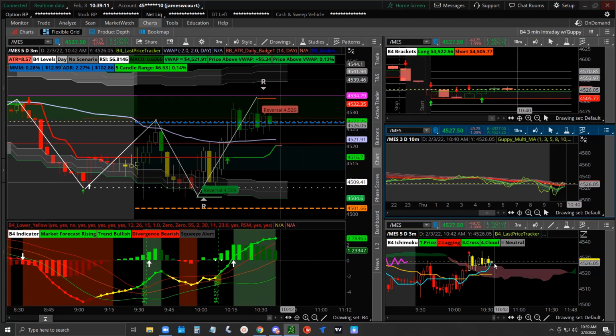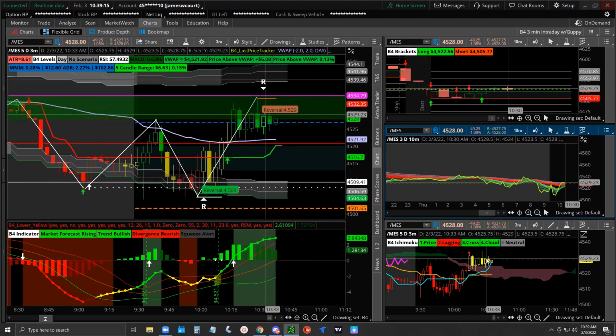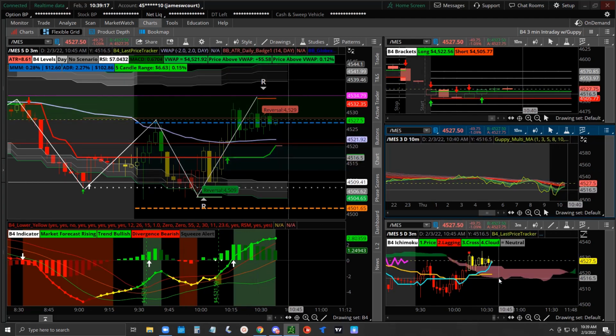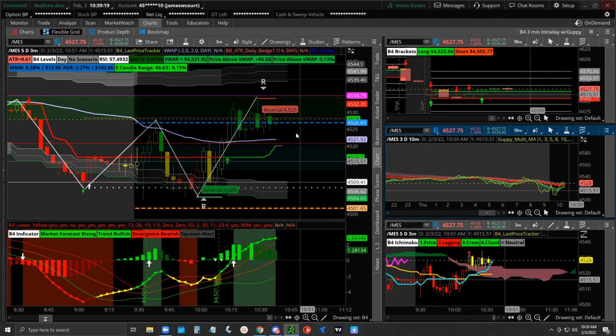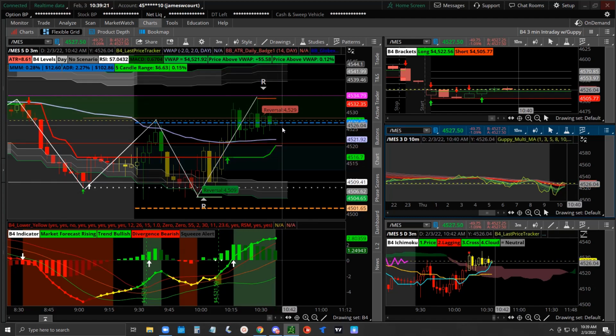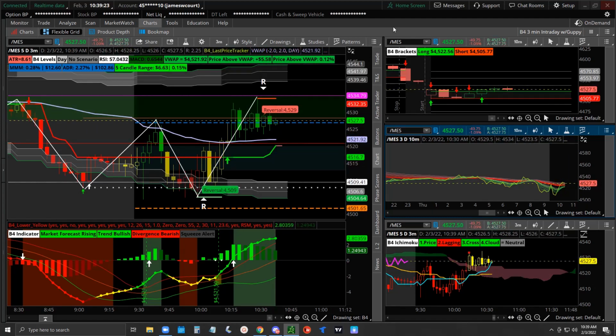What their machines are seeing here is a 1, 2, and 3 wedge, okay? And that's the problem. They're trying to sell this, but if this bar closes bullish, the selling will be off. Then I'm going to look for maybe a new wedge. I would like to see this area tagged above the low of yesterday.